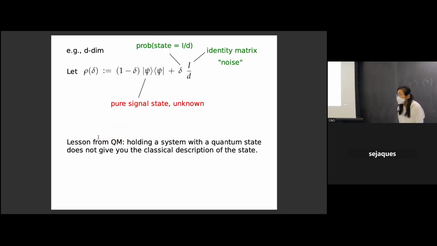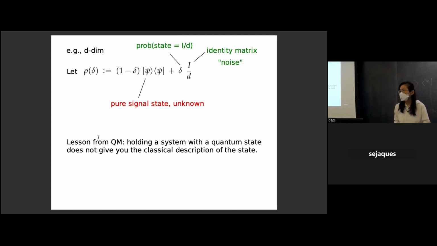Then in this problem, there is another piece of quantum mechanics that I should mention. If I prepare the state and I give it to you, you're holding that system, but you are not necessarily knowing the description of the state that you're holding. Think about the vector representing the rank 1 state, with coefficients in front of the basis states.